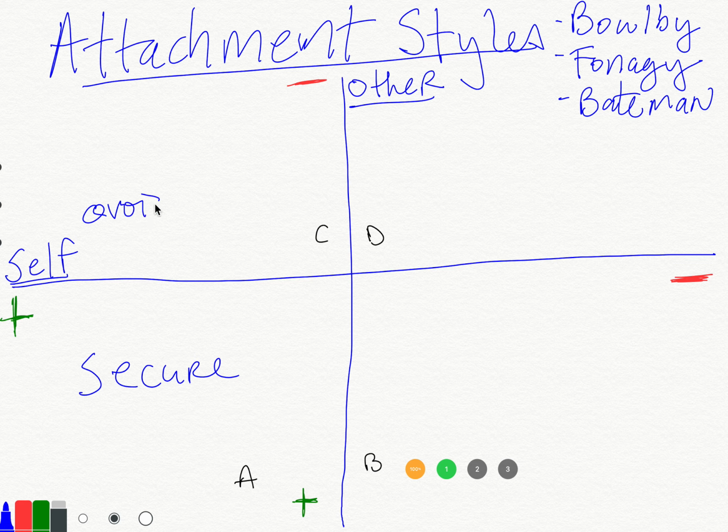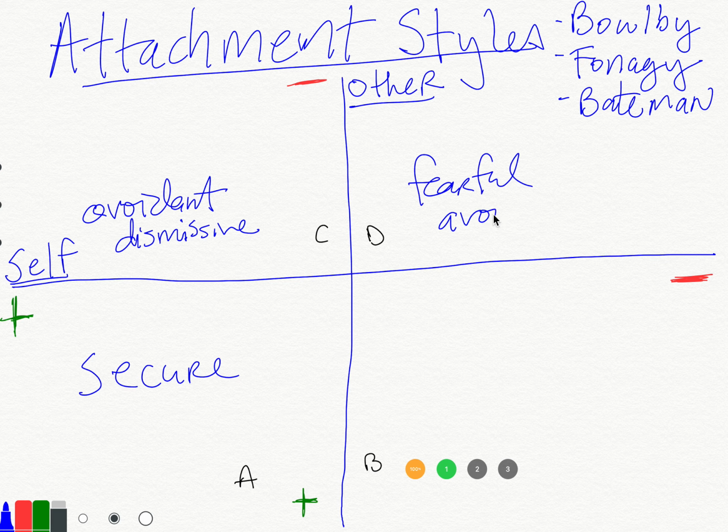avoidant, or dismissive, fearful avoidant. People also call this quadrant disorganized, fearful avoidant, or preoccupied.